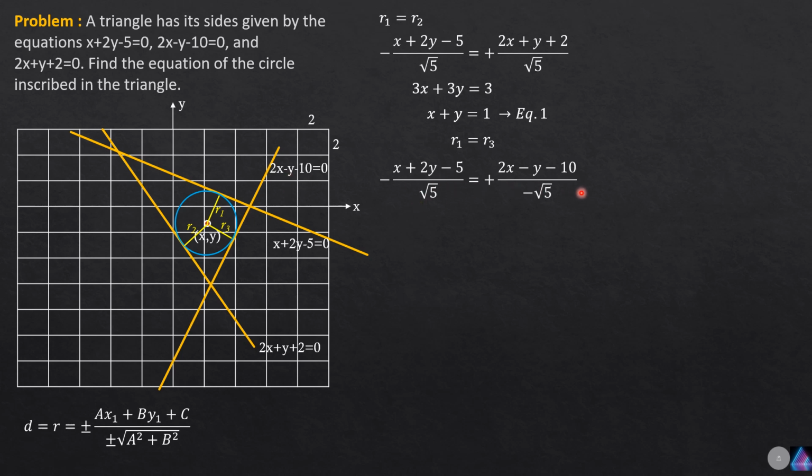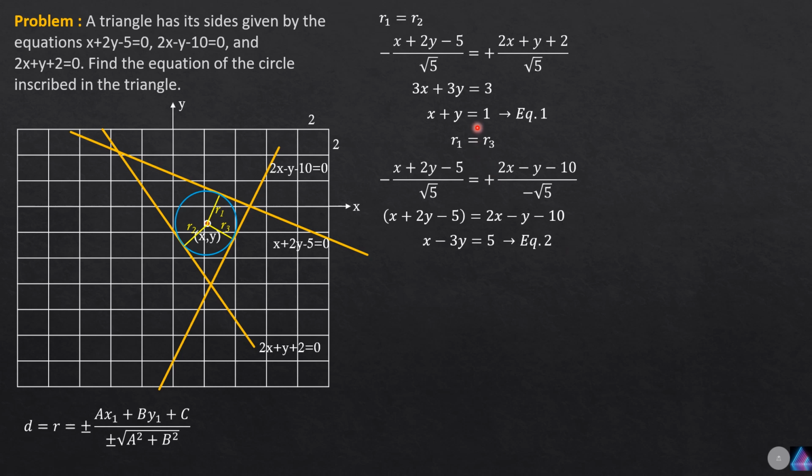So we cancel the square root of 5 and simplify. Of course, negative, negative, so this becomes positive after we divide everything by negative 1. So x plus 2y minus 5 equals 2x minus y minus 10. Simplifying, 2x minus x is x, negative y minus 2y is negative 3y, so x minus 3y equals negative 5 plus 10, which is 5.